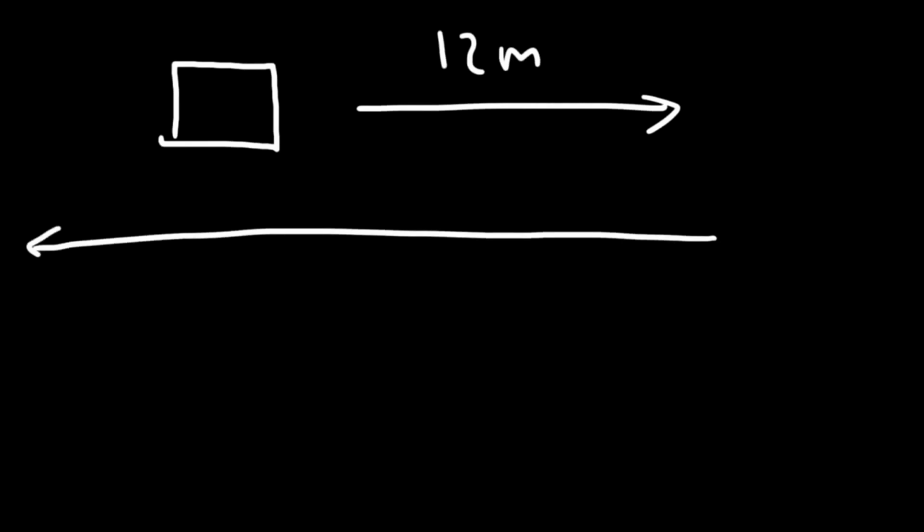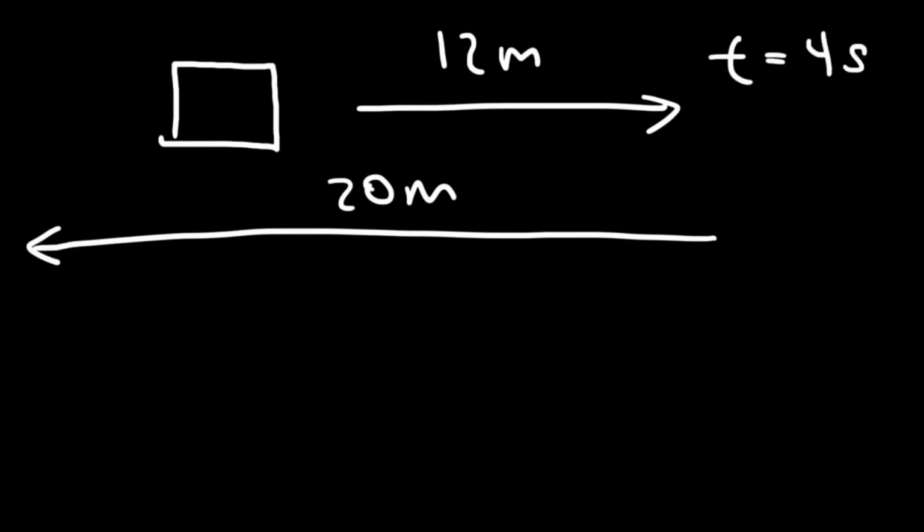Now let's say you have an object, and this object travels 12 meters east, and then it travels 20 meters west, and it did so in a total time period of 4 seconds.